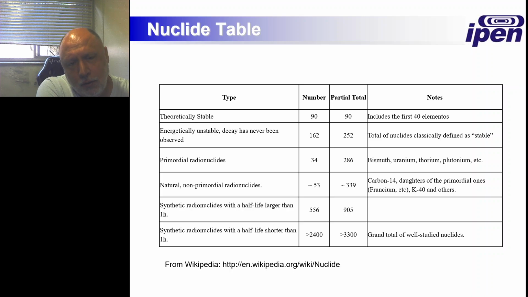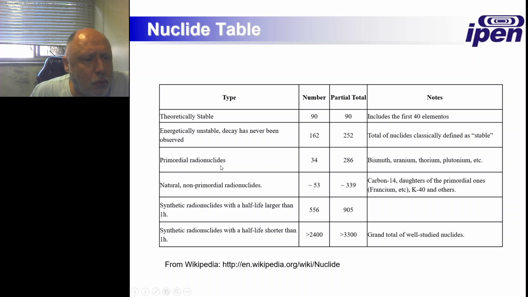Then we have some that, if you do the math, you say, okay, this should be able to decay, but no one has ever observed that decay because it is very unlikely to happen. So this we define as stable. This is 162. So we have this 90 plus 162, 252 nuclides, which are what we define as stable because we never saw any decay.